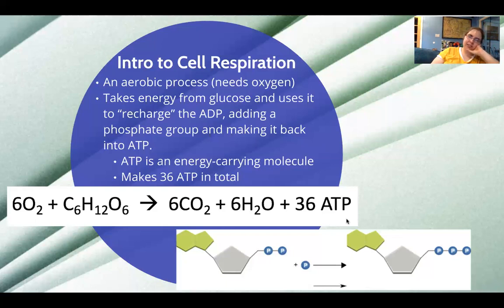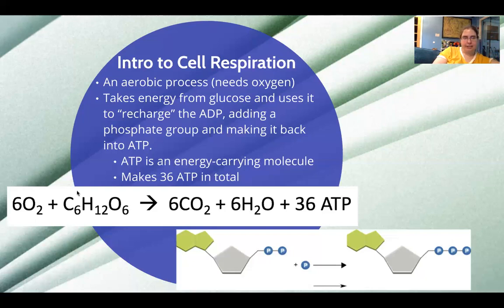This reaction kind of looks familiar. Remember, back when we were talking about photosynthesis, we said that the equation for photosynthesis is opposite that of cell respiration. Well, this is showing it. Remember, photosynthesis was 6 carbon dioxide plus 6 water plus energy in the form of sunlight will give us 6 oxygen gas plus 1 carbohydrate, specifically glucose.